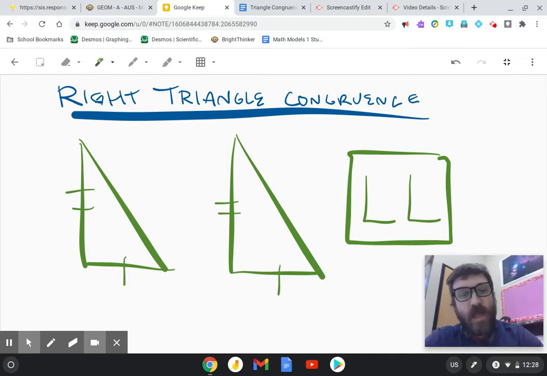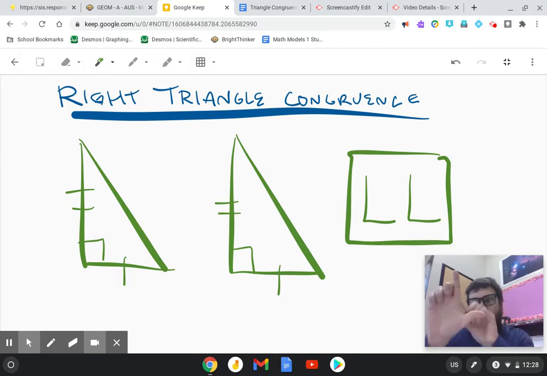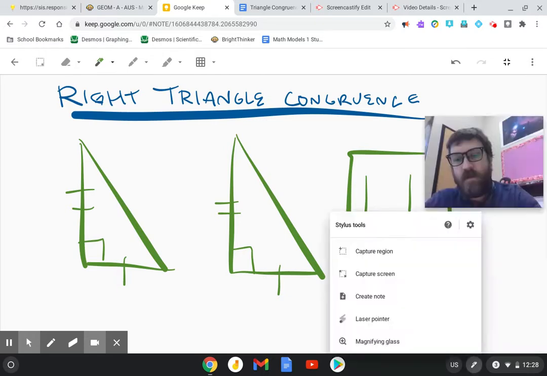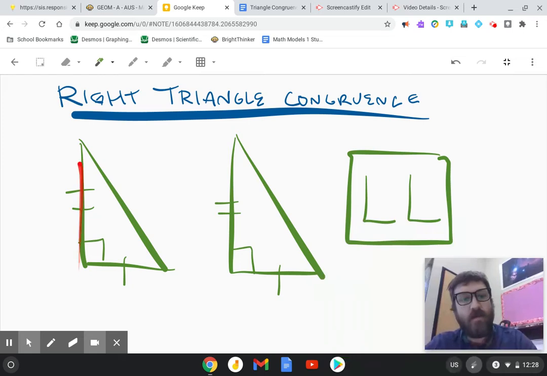So again, these are legs because the right angle is located here. So the legs always make up the right angle. This is the right angle. On the screen you see that here. This is the right angle, so then those are the legs. The hypotenuse is the other side. It's always the longest side, and we'll get to that in a second.